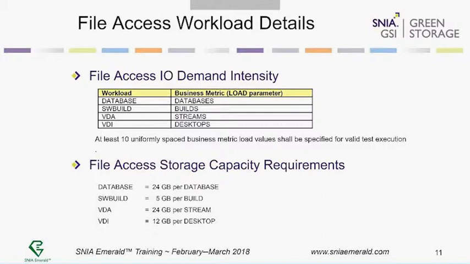Per database, it's 24 gigs. Software build is 5. VDA is 24. VDI is 12. And again, you multiply these times those metric workloads that are cited in the table above to determine how much storage space you're going to need for your particular submission. This is kind of handy because if you think about the way we did it with file access, you all pretty much got to pick whatever quantity, whatever capacity you wanted.